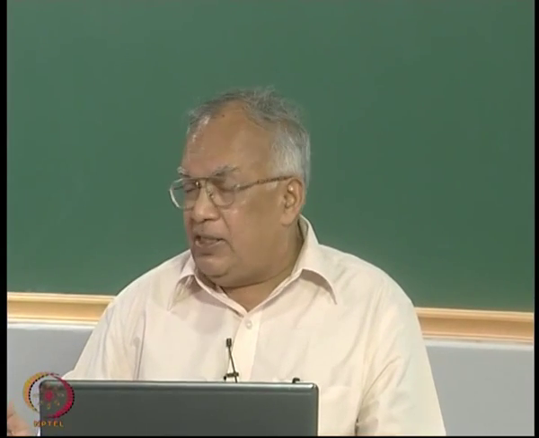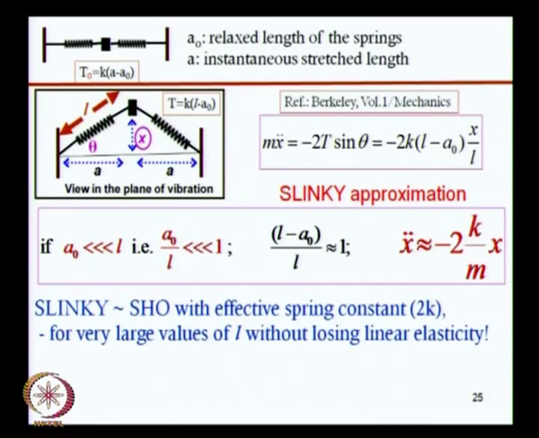So, in the context in which we are talking about, this is an excellent approximation, and this is called the Slinky approximation. For this slinky you have large values of L, and the slinky works as a simple harmonic oscillator over fairly large sized oscillations without losing what we call linear elasticity, something within the limits of Hooke's law, if you might want to call it that way.